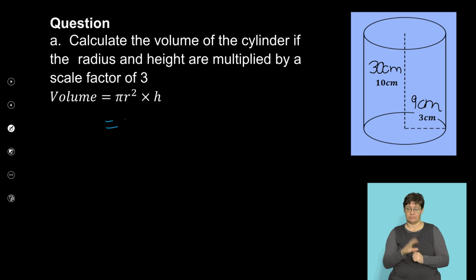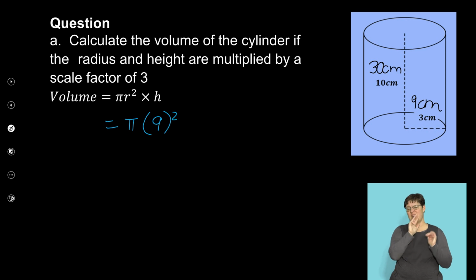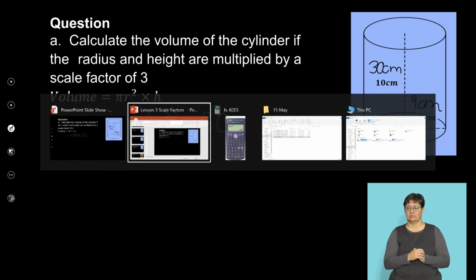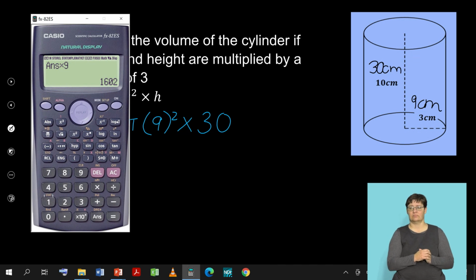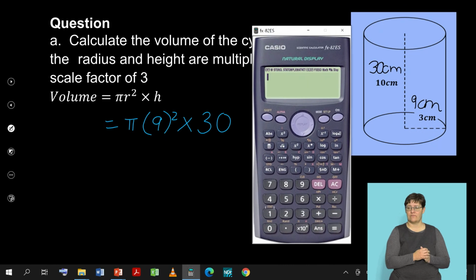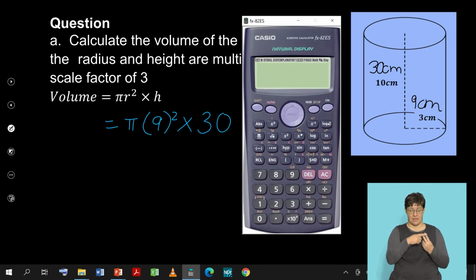I'm now going to substitute this in, so it's going to be pi times my radius squared, which is 9 squared, multiplied by my height, which is 30. And I'm just going to get my calculator out so I can do this. So we have pi multiplied by 9 squared times 30.